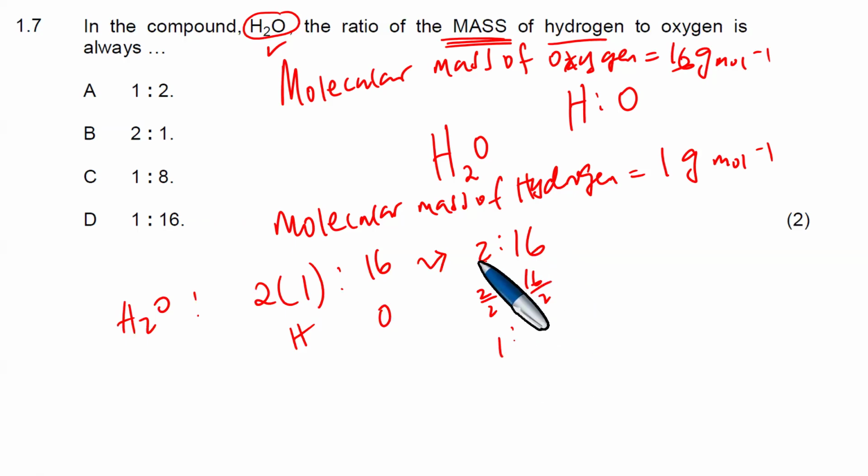You divide by the smallest one, because the smallest number between 2 and 16 is 2. Dividing 2 by 2, dividing 16 by 2, what do you get? You get 8. And therefore the correct answer is the letter C in 1.7. We're looking at the ratio of the mass of hydrogen to oxygen. It is the ratio 1:8.